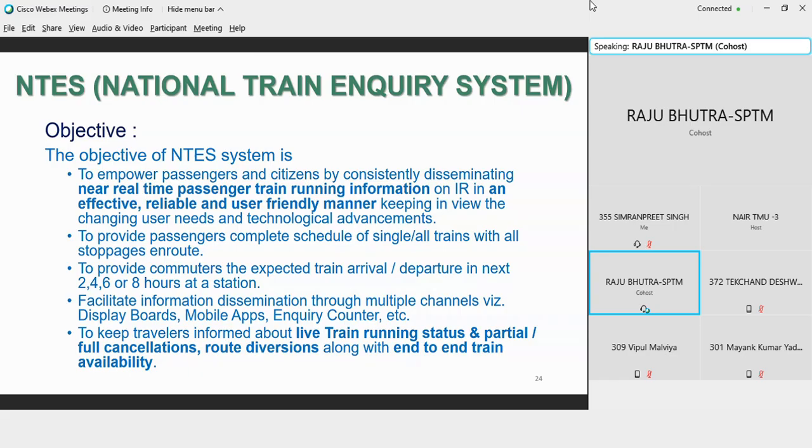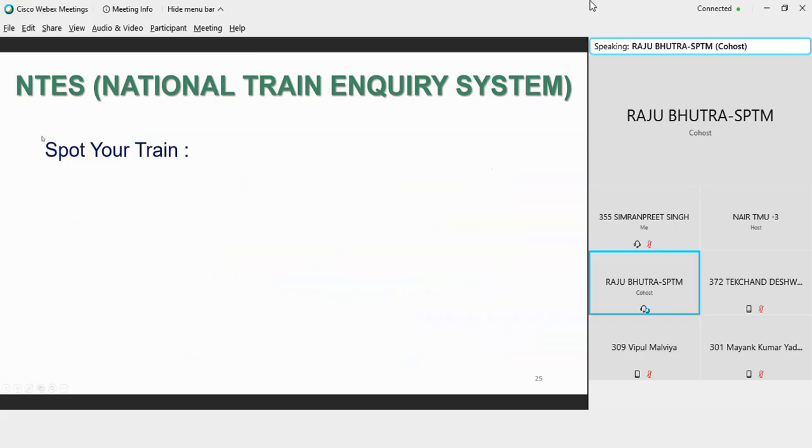Fully cancelled means the train will not run at all. Such partial or full cancellations and route diversions, along with end-to-end train availability, are also informed to customers by NTES. There is a feature on NTES which is Spot Your Train.